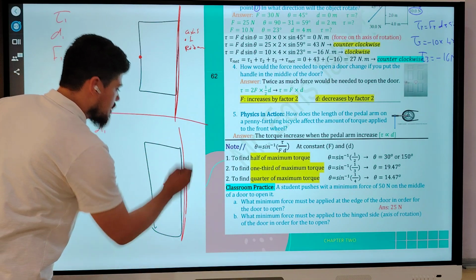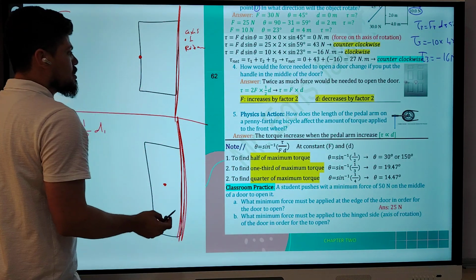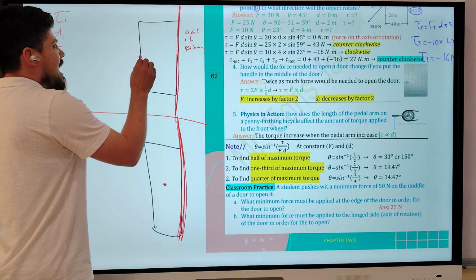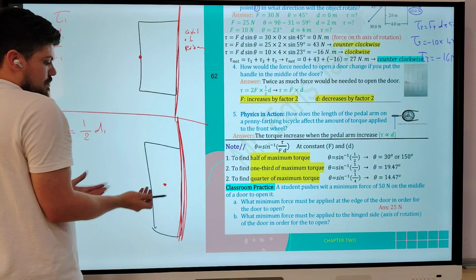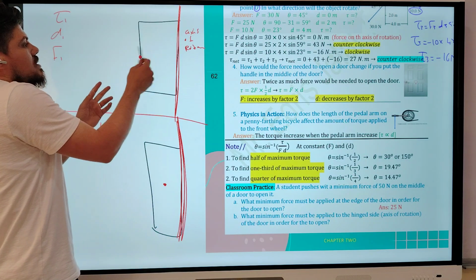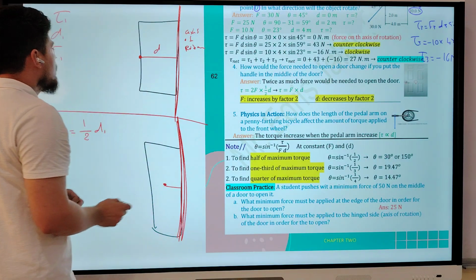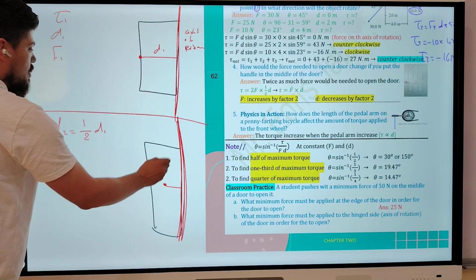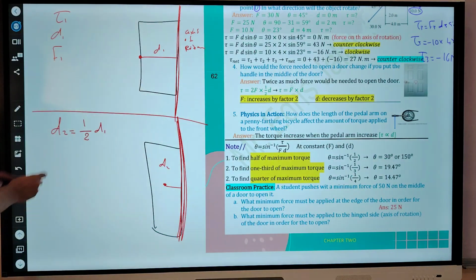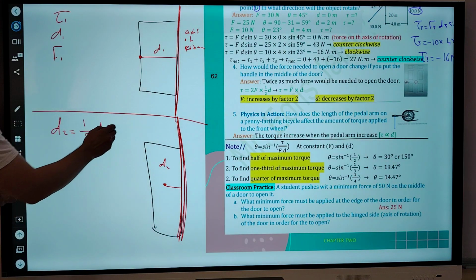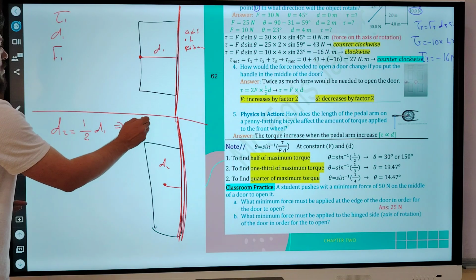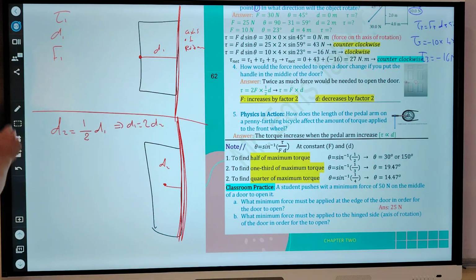This is the axis of rotation. Which one has more distance from the axis of rotation, this handle or this handle? Absolutely, this handle has the farthest distance, but this one has less distance. Which one is bigger, D1 or D2? Absolutely, D1 is bigger. D2 is equal to half of D1, or you can say D1 is equal to twice D2.